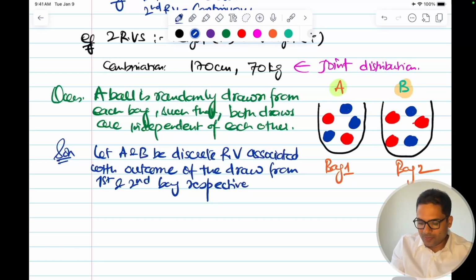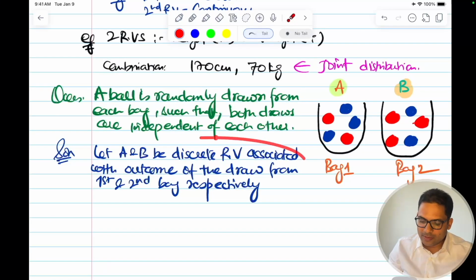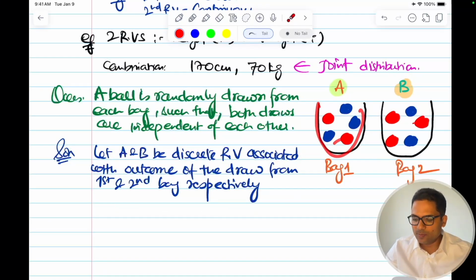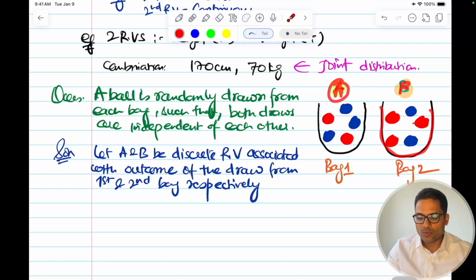Whatever I have drawn here, I have written in words. Bag 1 contains 5 balls, and bag 2 also contains 5 balls. The first has 2 red balls and 3 blue balls; the second has 3 red balls and 2 blue balls. If I draw a ball from bag 1, that is modeled using random variable A, and if I draw a ball from bag 2, I'm using a discrete random variable B for modeling the problem.